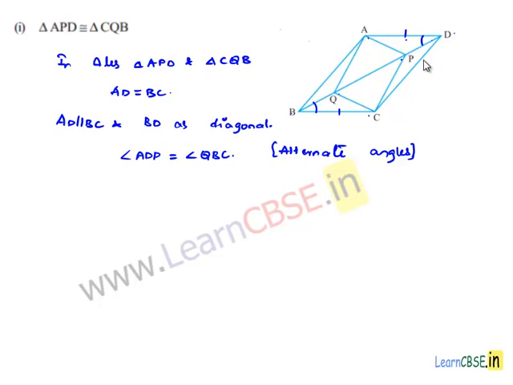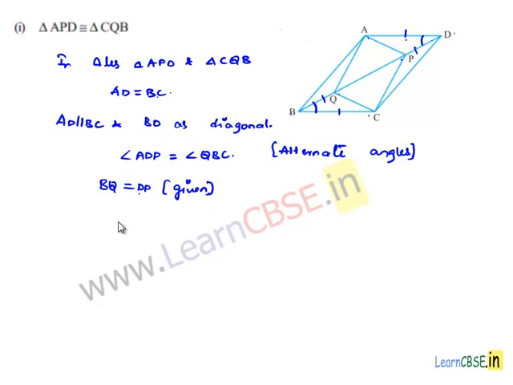Now he has already given that BQ is equal to DP. Now here, if we observe, in both the triangles, the two corresponding sides and included angle between them is equal.